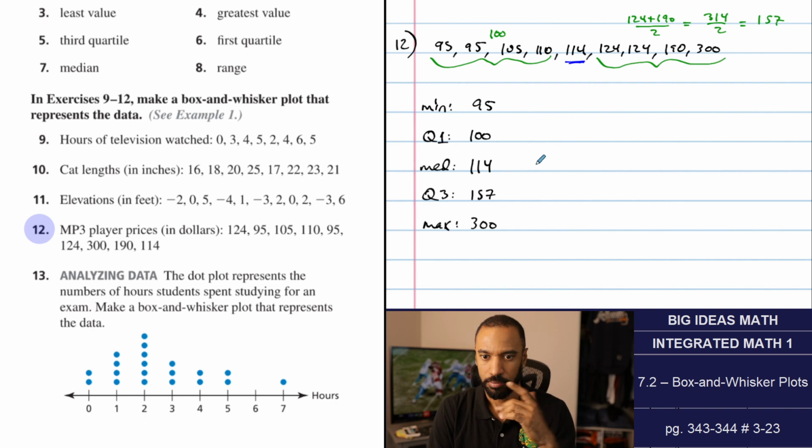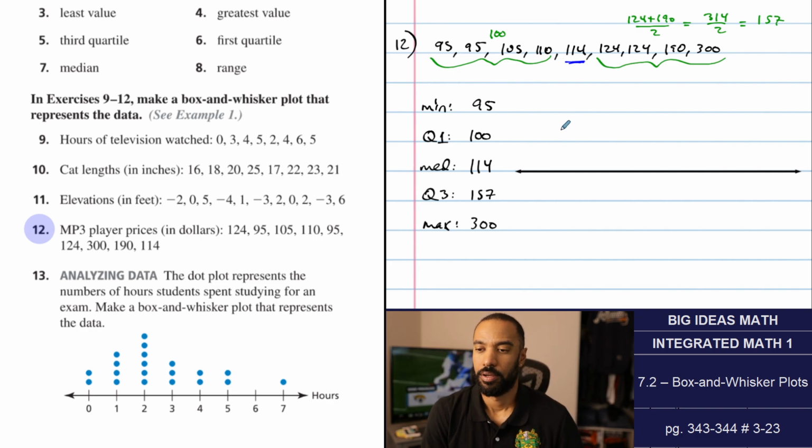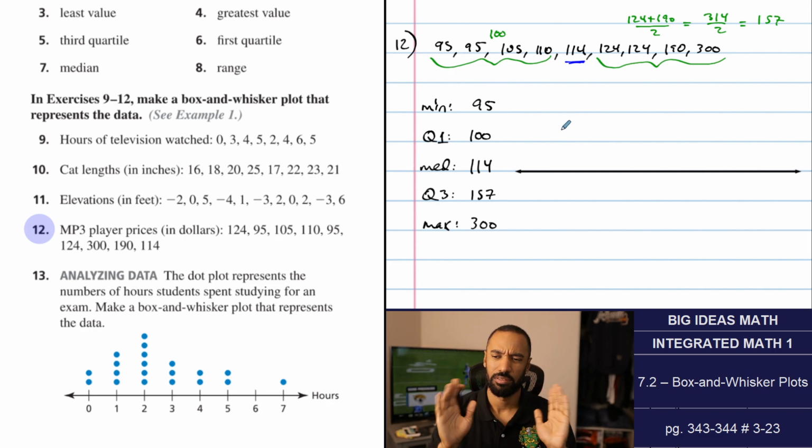Now, if I were to do a box and whisker plot here, clearly I'm not going to count by 1s. I might not even count by 10s. I might count by 20s here, because counting by 10s would be a lot of terms.